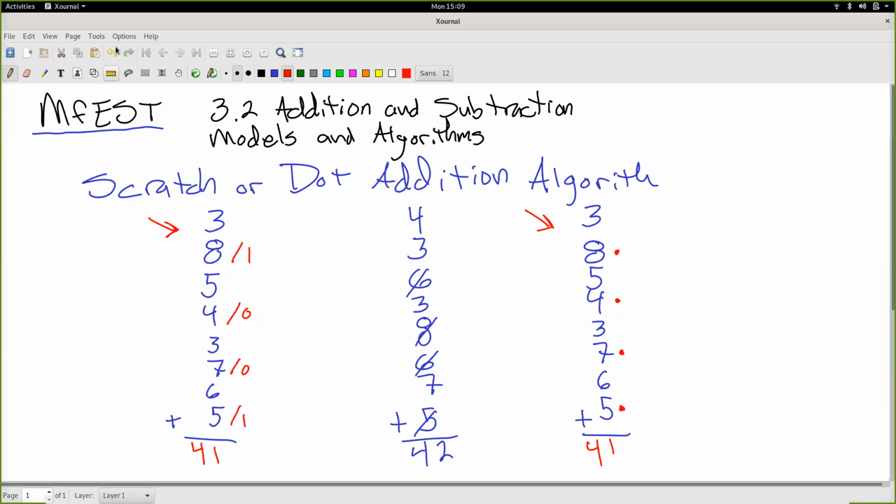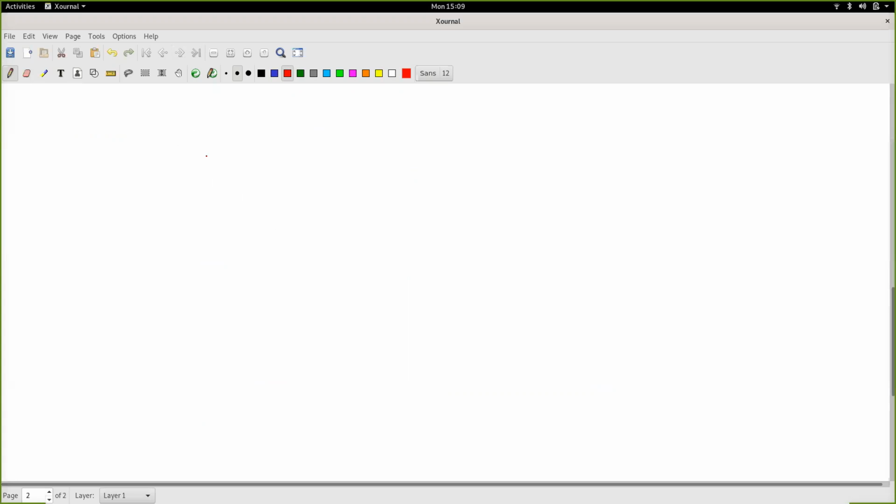Let's try it for a double column just for fun. There isn't one like this in the homework, but it's doable. So new page. Let's see, suppose I had 25 and 47 and 56 and 28 and 32, 75, and one more for fun.